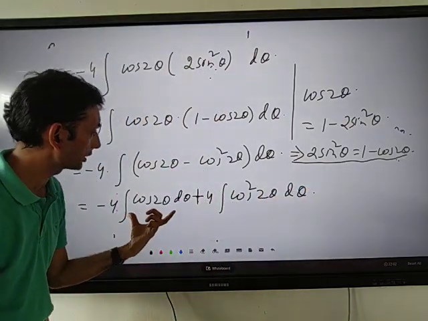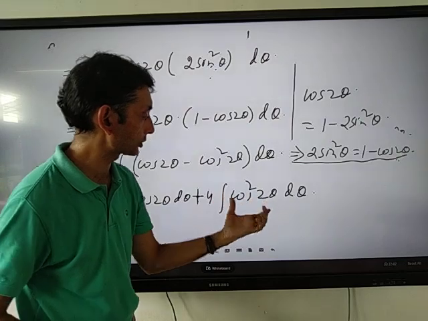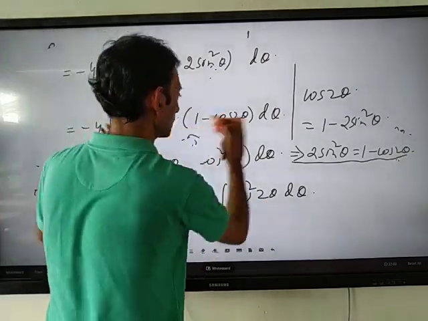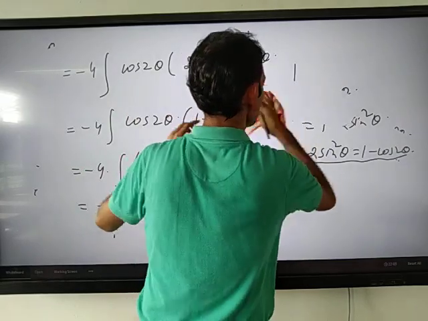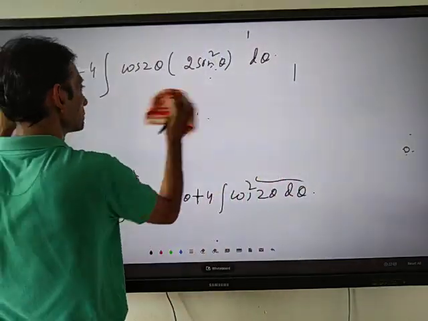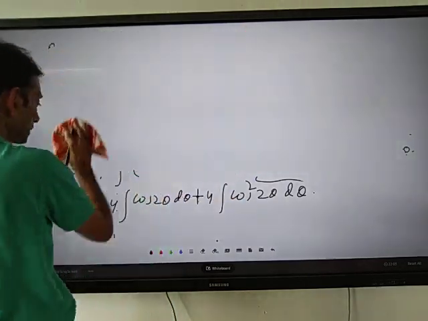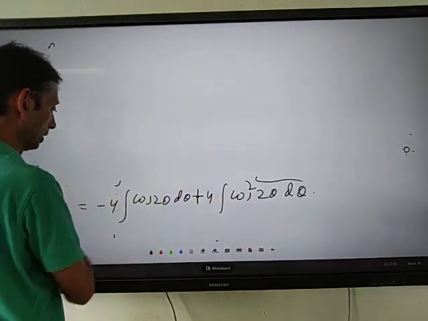Now this you can directly integrate, and cos square 2 theta also needs to be converted to linear form to integrate it, but still very simple steps. We just have 2-3 steps left for this question. Otherwise, all important steps are done for this question.